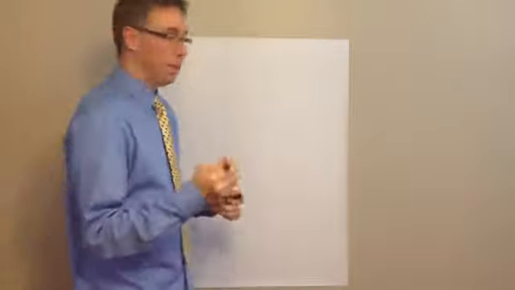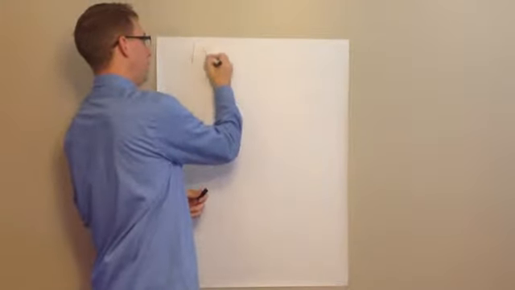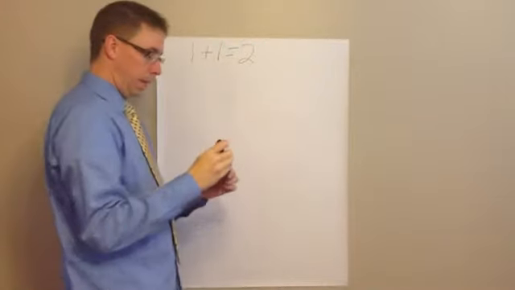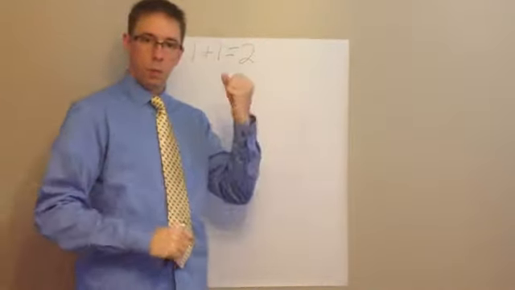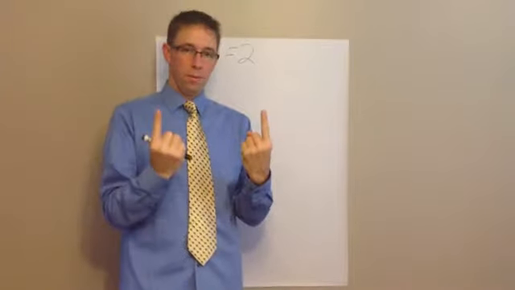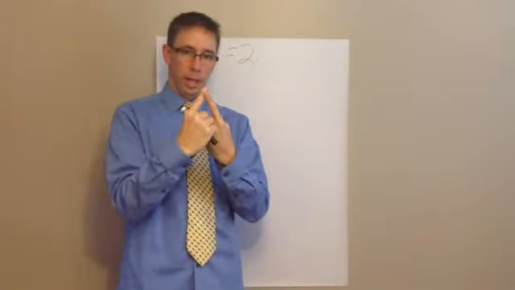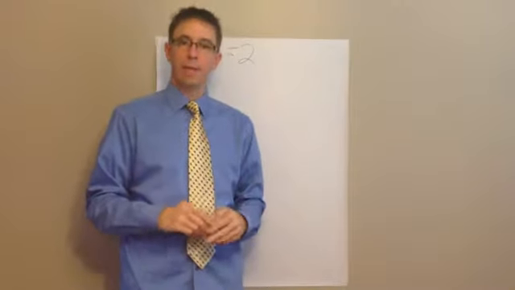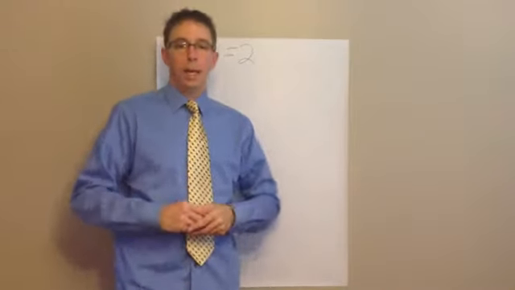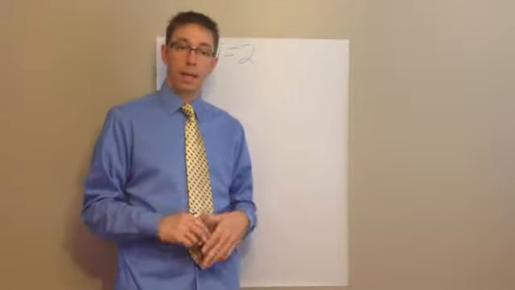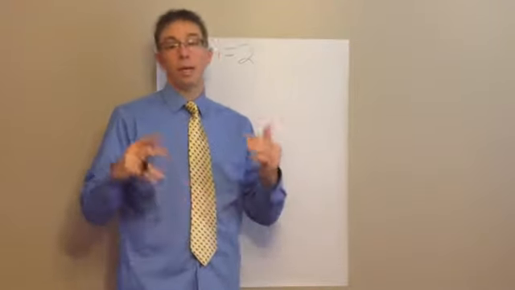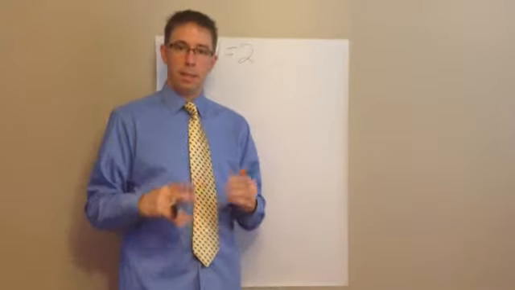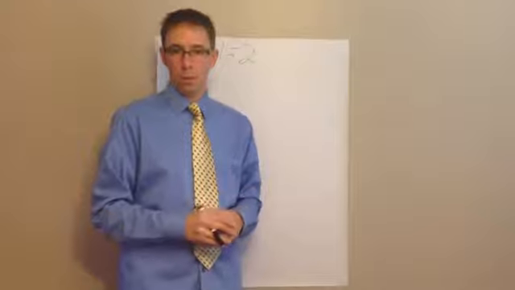So the concept then is 1 plus 1 equals 2. And very simply put, if you show one finger and you add another finger and count those two fingers together, you now have 2 fingers. So that's kind of how addition works. And you think about this, like me and Johnny or Jill and Jenny went to the store. That means that there were 2 people who went to the store.